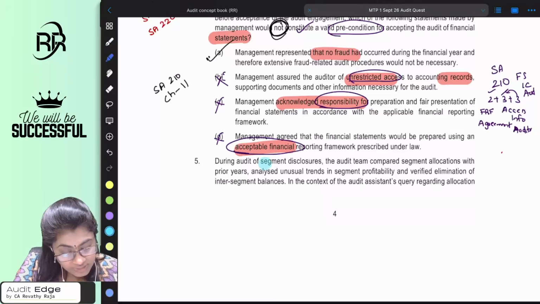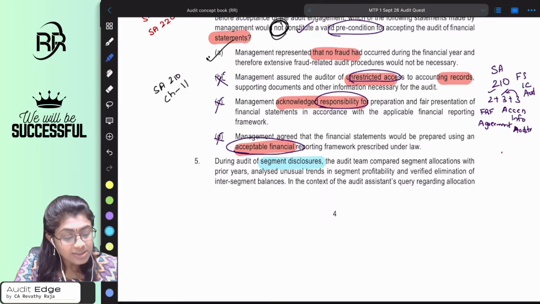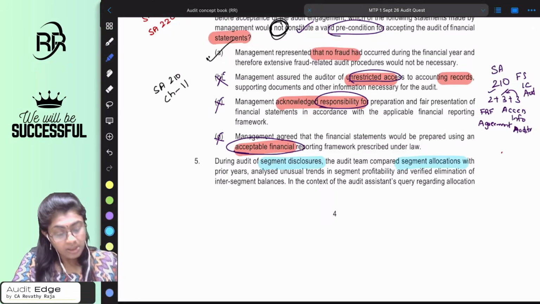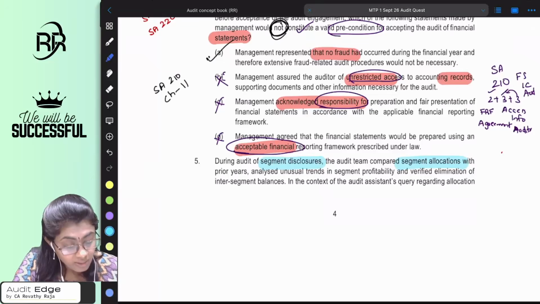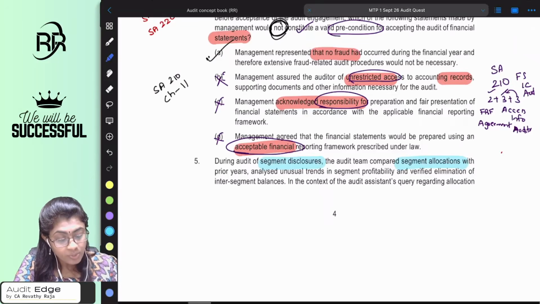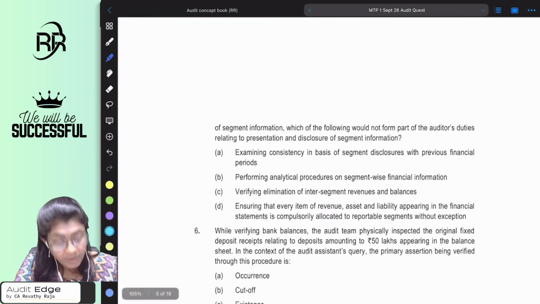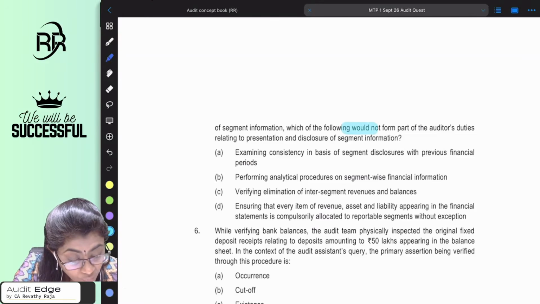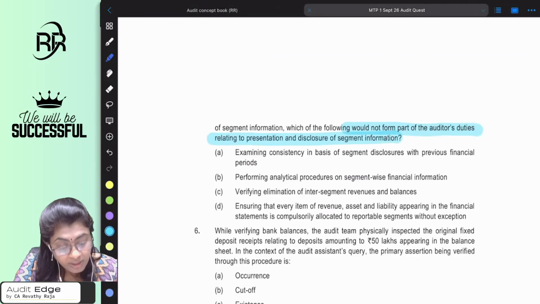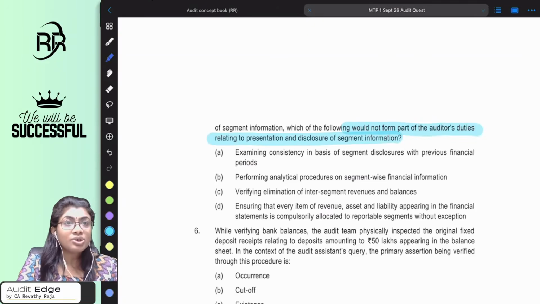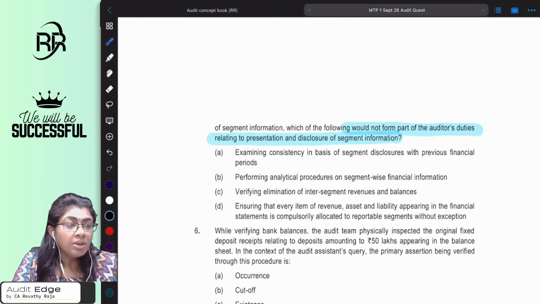During the audit of segment disclosures, the team compared segment allocations with the prior years, analyzed the unusual trends in segment profitability, verified elimination of inter-segment balances. In the context of an audit assistance query regarding allocation, which of the following would not form part of the auditor's duty regarding presentation and disclosure of segment information?